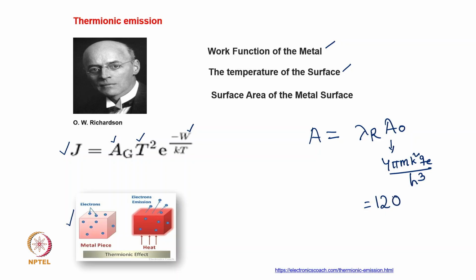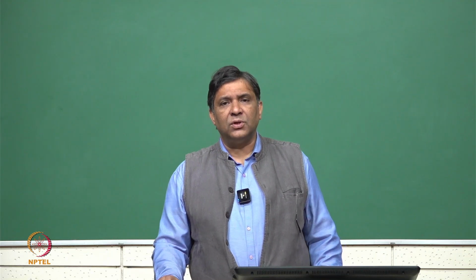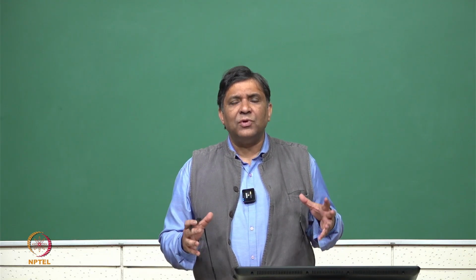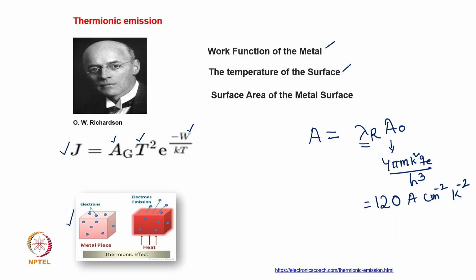Dimensionally it is around 120 ampere per centimeter square per Kelvin square. And lambda r is a quantity that depends on how electrons come out from the surface. It is actually a material parameter, because we all know that electrons are also a kind of wave, and there is a fraction of electrons which can come back.